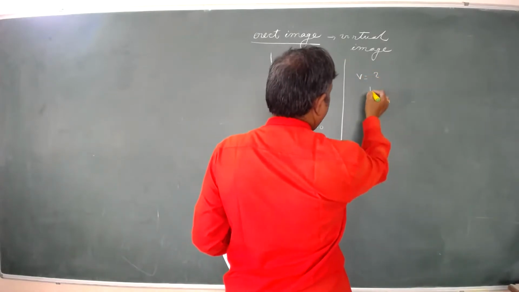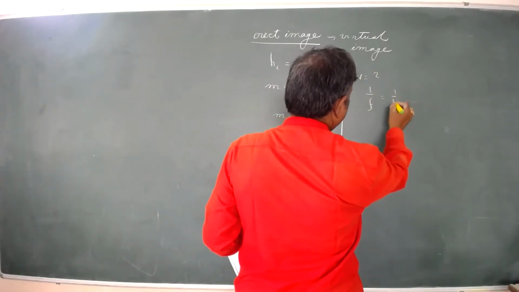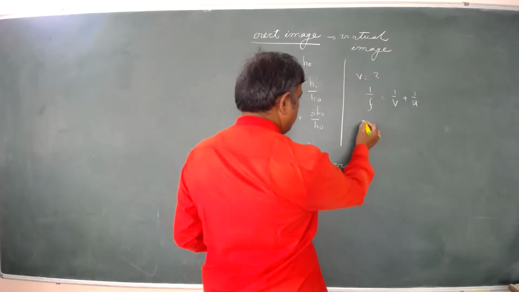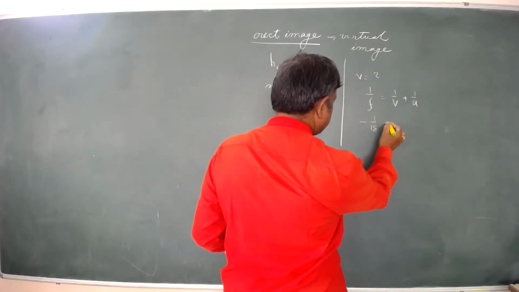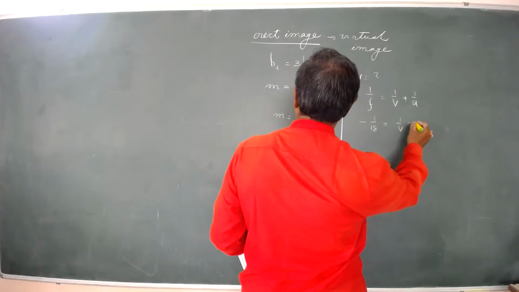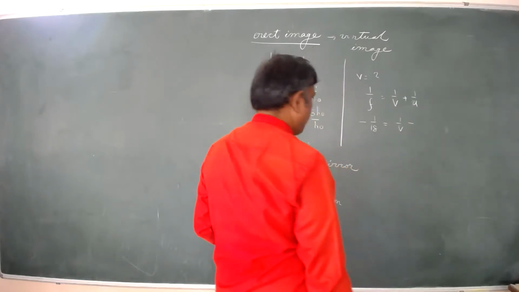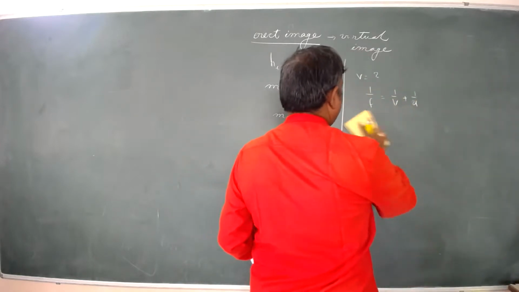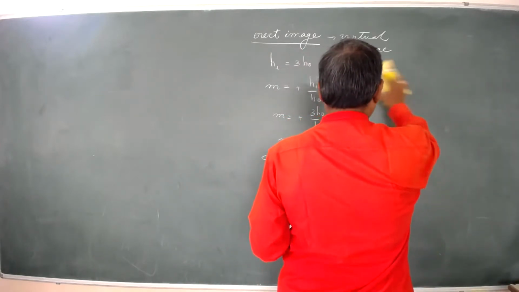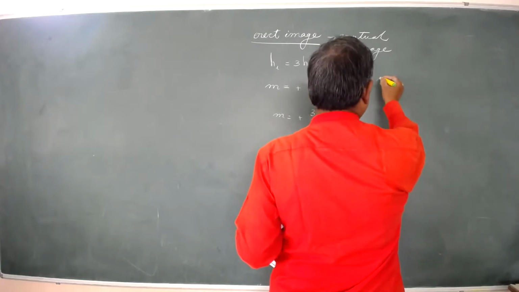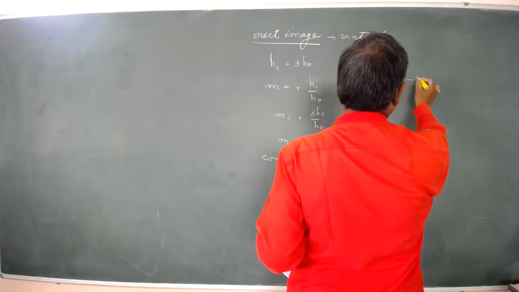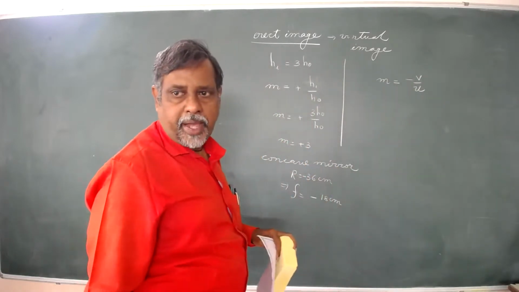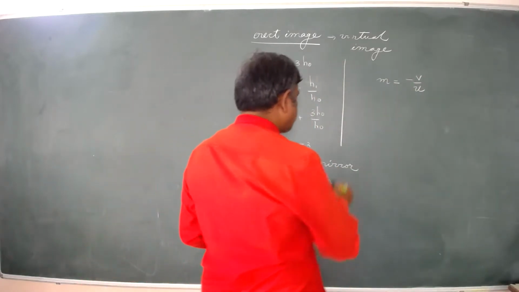Okay. So by mirror formula, 1 by f is equal to 1 by v plus 1 by u. Minus 1 by 18 is equal to 1 by v plus 1 by u. But here you see, the v value is not given. So for that purpose, magnification is equal to minus v by u. Got it? What is magnification?